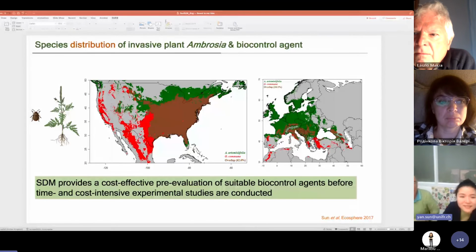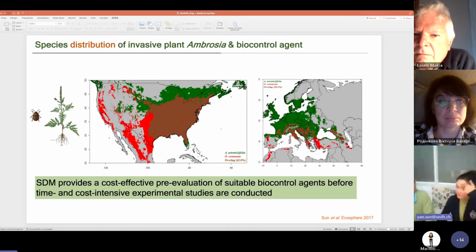And then again these natural enemies could also attack other insects at the level of the phytophagous insect.